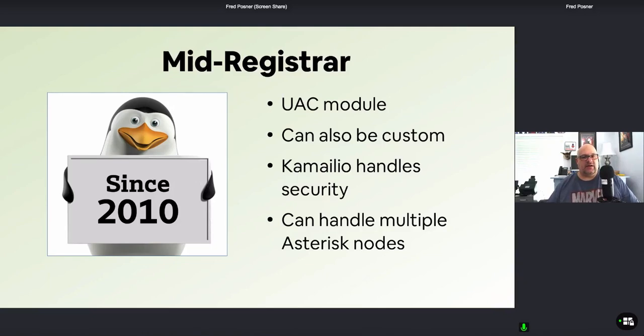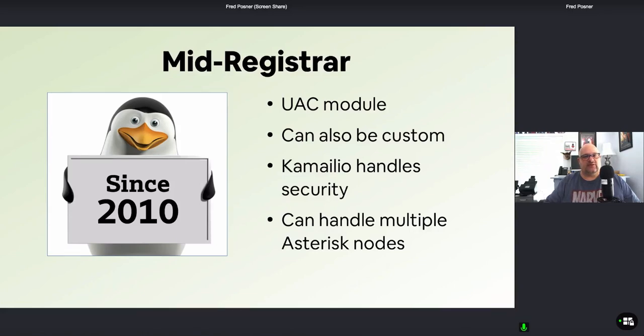And then, if Asterisk says yes, this is an authenticated user, which would usually be a 200 OK from a registration, at that point Kamailio could act as a true mid-registrar and, let's say, give Asterisk a registration time of an hour, but to that client, do a registration of 60 seconds.